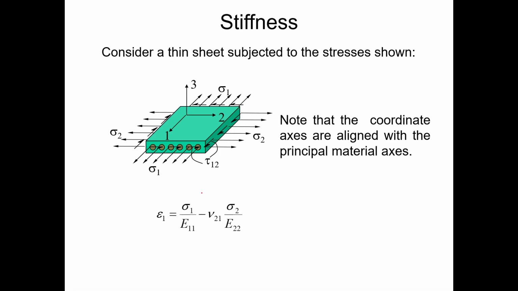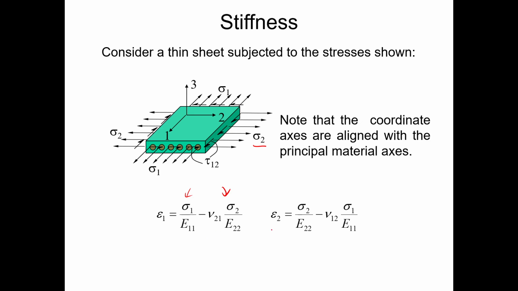Based on the Poisson ratio effect, the strain in direction 1, epsilon 1, will equal the strain caused by sigma 1 and the Poisson ratio contraction strain caused by sigma 2. These two terms.